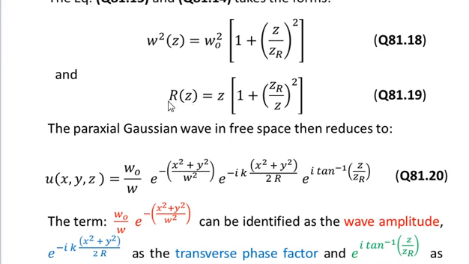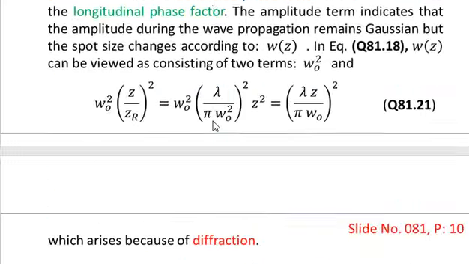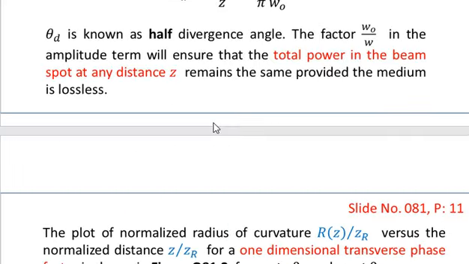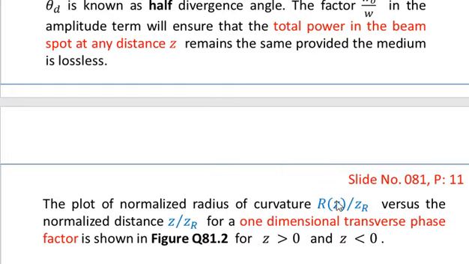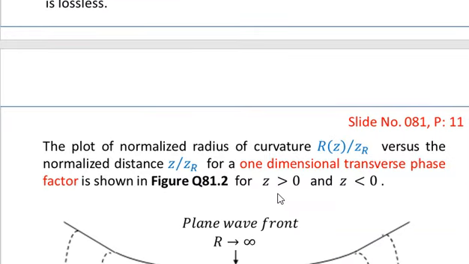So if we divide this r of z by zr on both sides, then we can plot r of z divided by zr versus z over zr, for both positive values of z, that is z greater than 0, and for negative values of z, that is z less than 0.